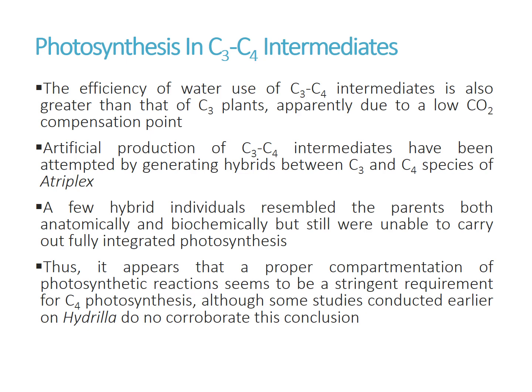A few hybrid individuals resemble the parents both anatomically and biochemically, but still were unable to carry out fully integrated photosynthesis. Thus, it appears that a proper compartmentation of photosynthetic reactions seems to be a stringent requirement for C4 photosynthesis, although some studies conducted earlier on Hydrilla do not corroborate this conclusion.